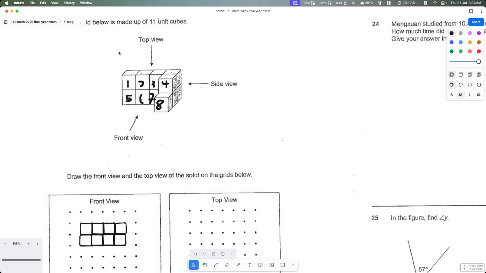Okay, so for the top view itself, let me use a different color, red. So let me actually use text. So you have 1, then you have 2, then you have 3, then you have 4. Okay, and you also have 5, right?